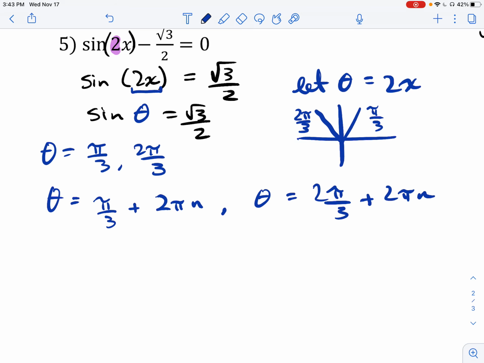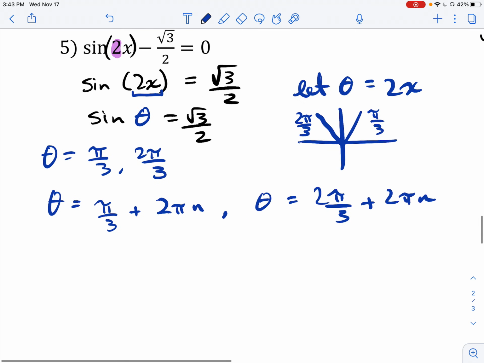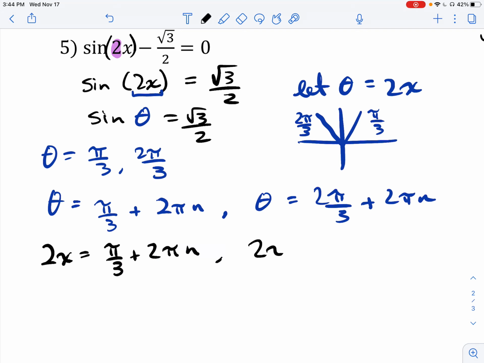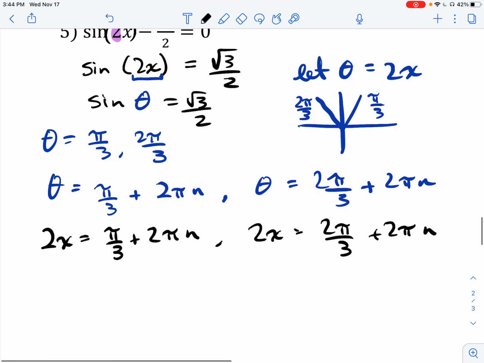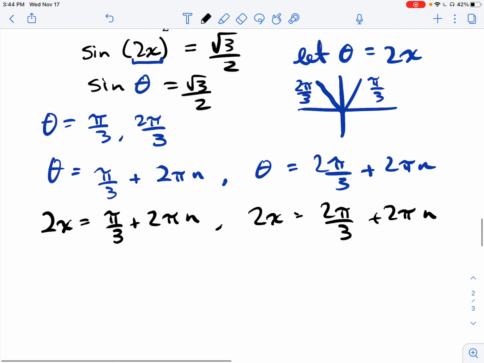So we've solved for theta, but we haven't actually finished solving for x. Now I'm going to replace theta with 2x. So 2x is equal to pi over 3 plus 2 pi n, and 2x is equal to 2 pi over 3 plus 2 pi n. Now that I want to solve for x, if I want to isolate x, I'm going to divide everything by 2.